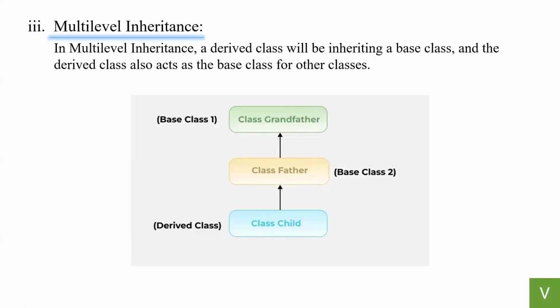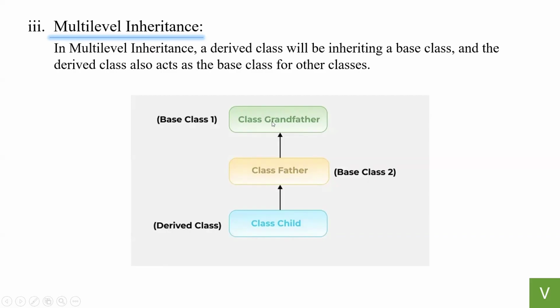Now let us see the third type of inheritance, which is multi-level inheritance. In multi-level inheritance, a derived class inherits a base class, and the derived class also acts as the base class for other classes. Let us understand with this given image. We have three different classes, and the process of deriving the child class from its parent class.